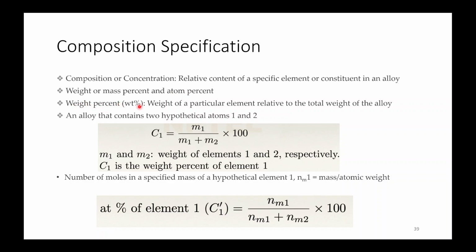For weight percent, it is the weight of a particular element relative to the total weight of the alloy. For example, for copper, its mass divided by the total mass, m1 plus m2, copper and nickel both, multiplied by 100. This will be the weight percent of copper in your alloy. Like that you can calculate; for C2 it will be m2 upon total mass.